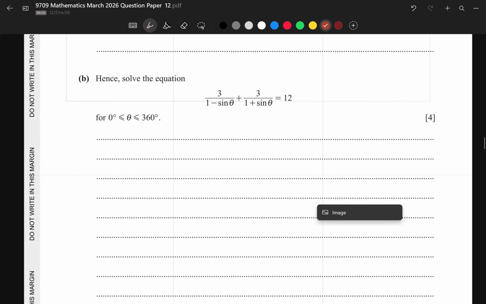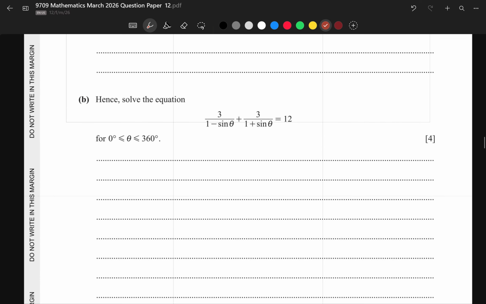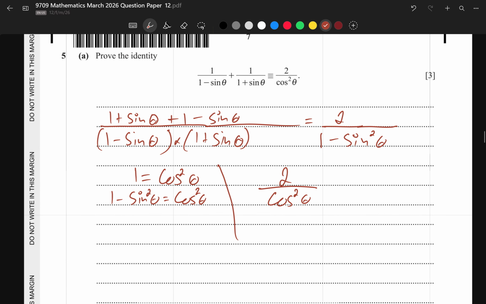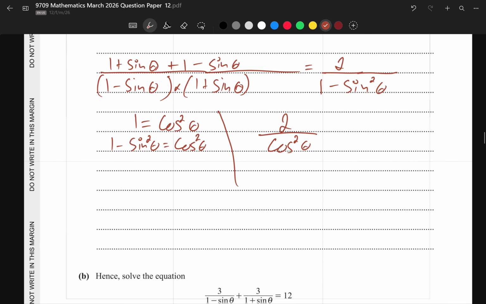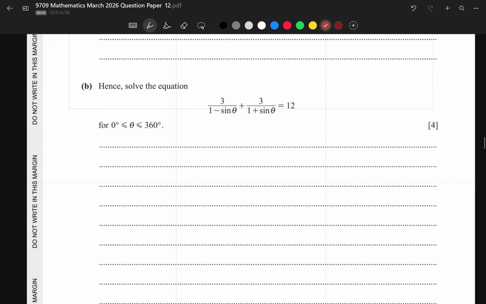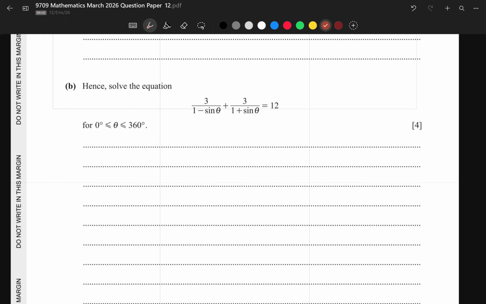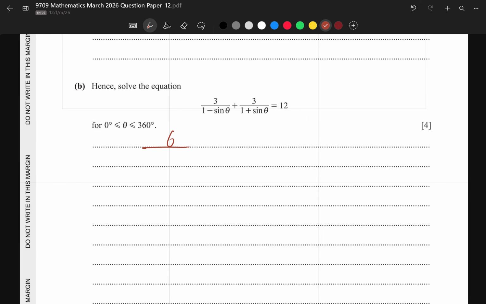Now the B part says hence solve this equation. In the A part we saw that 1 plus 1 gave us 2 because plus sign and minus sign cancelled out. So similarly 3 plus 3 will give us 6, and 6 upon cos square theta is equal to 12.